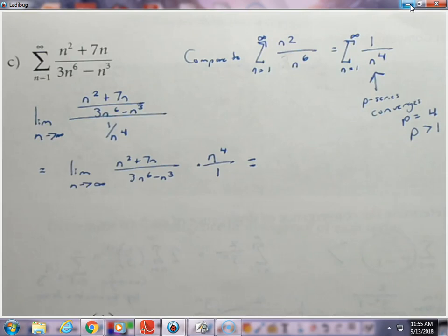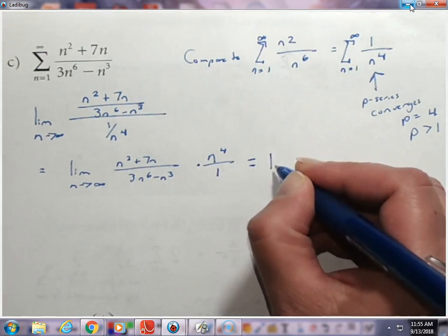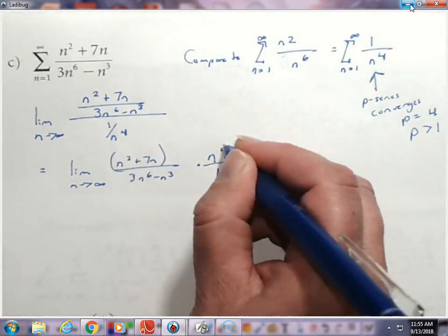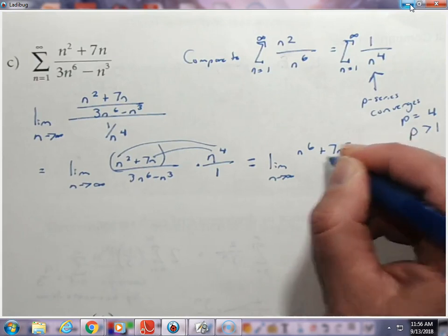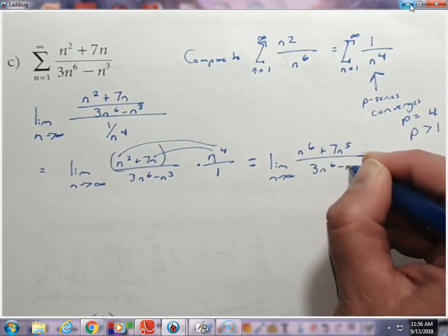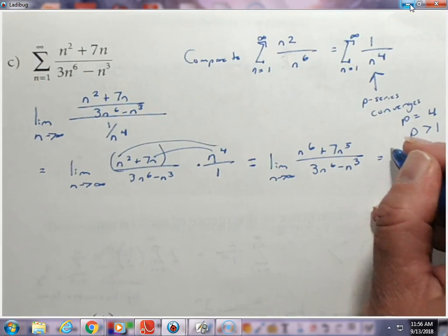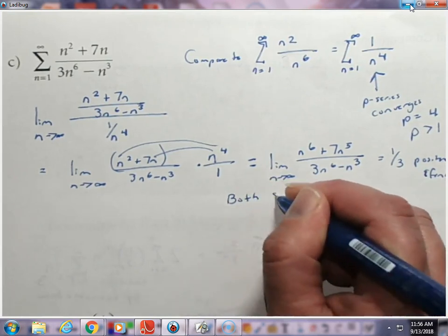Okay, I'm going to distribute my n to the 4th. So I have n to the 6th plus 7n to the 5th over 3n to the 6th minus n cubed. As you go towards infinity, what is that going to? Which is positive and finite. So both series behave the same.